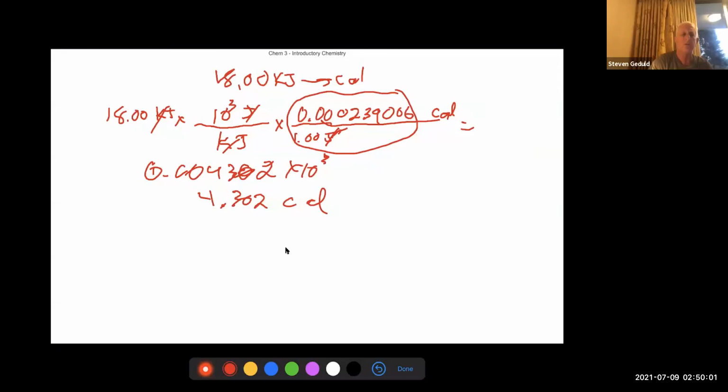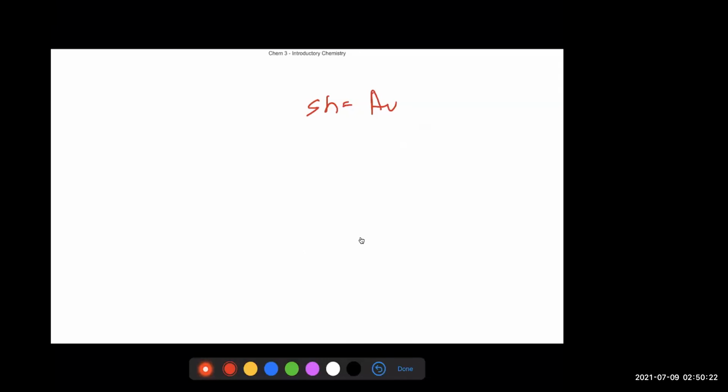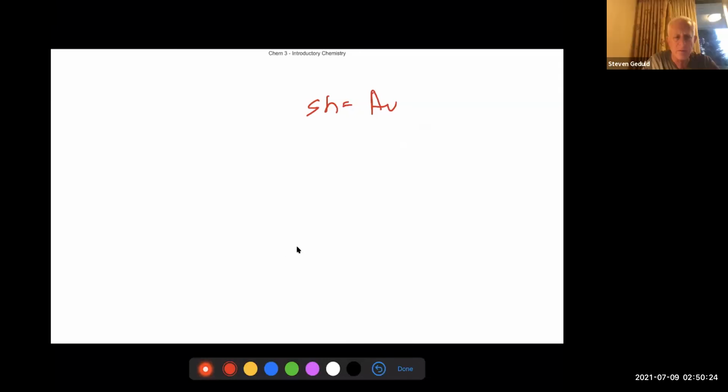They want the specific heat of gold, and it doesn't give you any information. It looks like it got cut off somewhere. We'll come back to that one if we still have it.